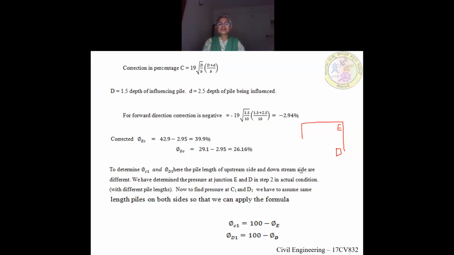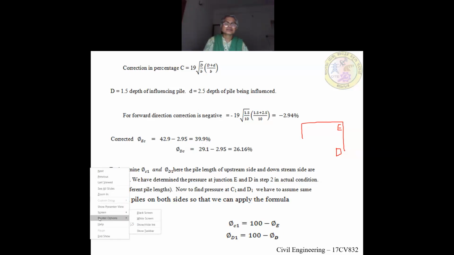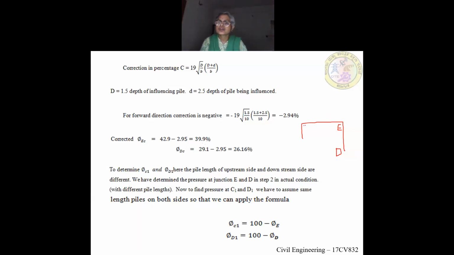Now to determine C1 and D1, it is here. This is your C1 and this is your D1.